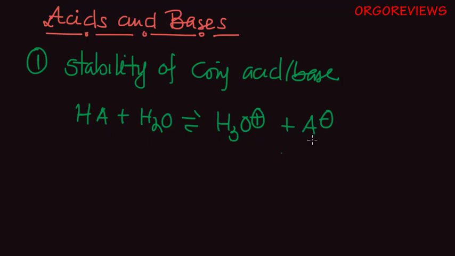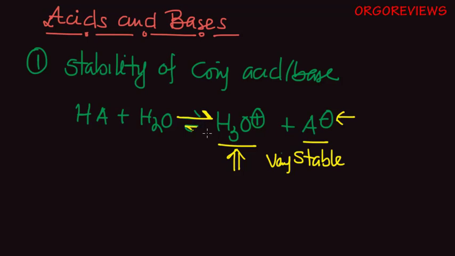When you have a very stable conjugate base, so let's say this conjugate base is very stable, what it means is that it can actually tolerate this minus charge, or the negative charge, on this A. That way it doesn't react with the hydronium ion to go back into its acid form and the water. So what we are saying is that you actually want this forward reaction to be greater than the backward reaction.